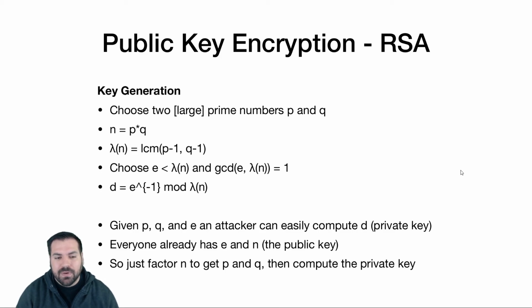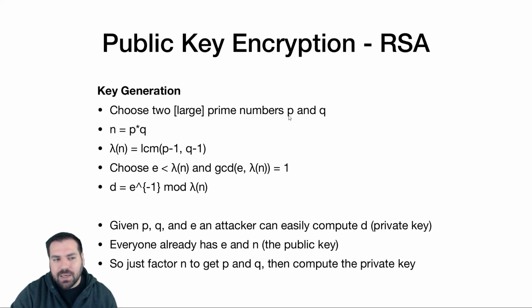So, speaking of powerful algorithms, looking at this math, it seems like this is pretty easy to break. If you have N and E as your public key, meaning everybody gets those 2 pieces of information, what's stopping an attacker from taking N, factoring it, and finding P and Q?